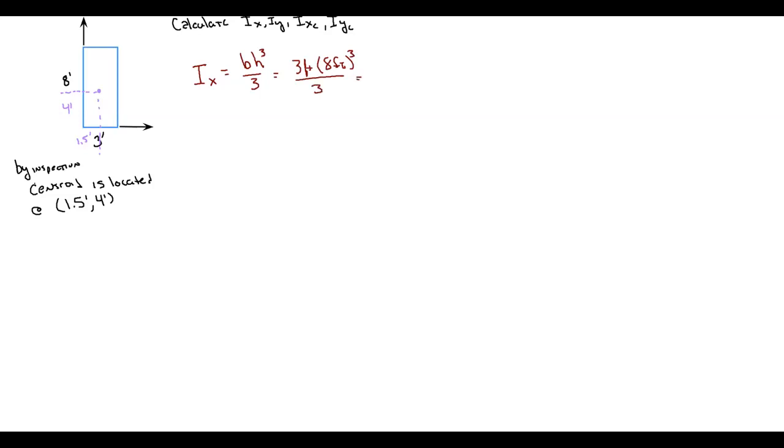So 8 cubed is 64 times 8. 64 times 8 is 512. 512 times 3 is 1536. So 1536 feet to the 4th divided by 3, which is equal to 512 feet to the 4th.